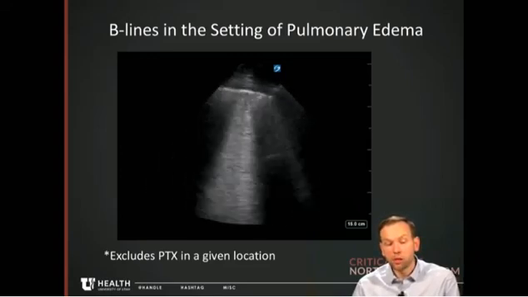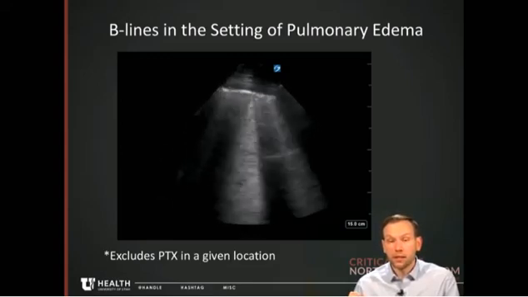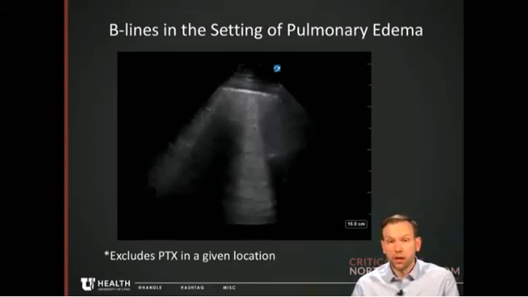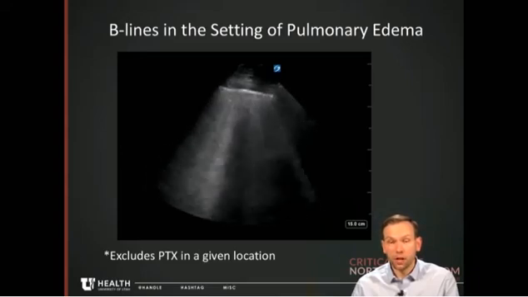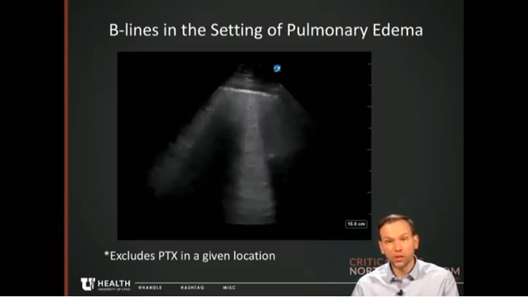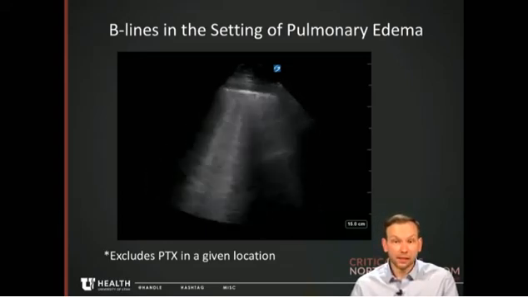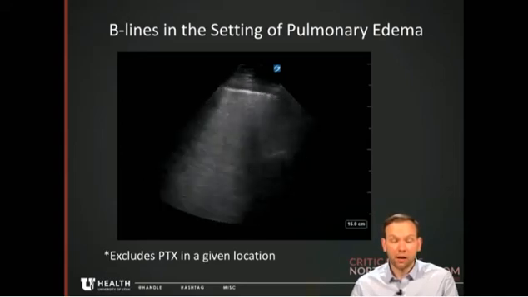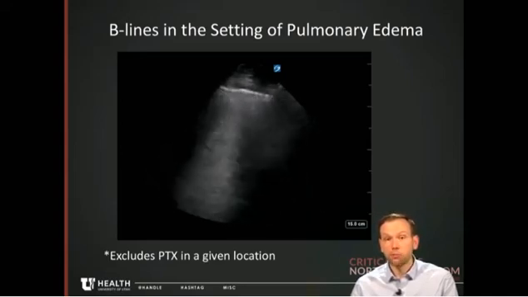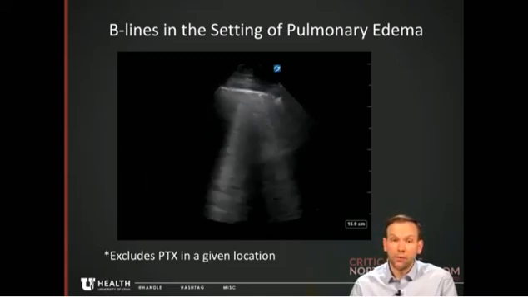So essentially the B line moves with the pleura, and the B line is a specific portion of the visceral pleura of the lung that has that increased density moving back and forth. And so this is almost a proxy for lung sliding. And so what you can say is that if you see lung sliding in your non-dependent area and/or you see B lines, both of those exclude pneumothorax and you don't need to go hunting for a lung point.